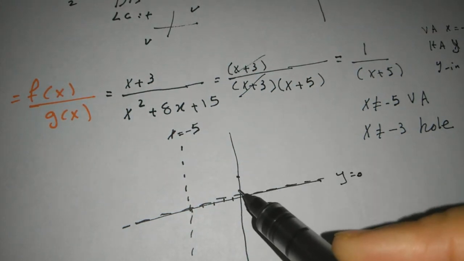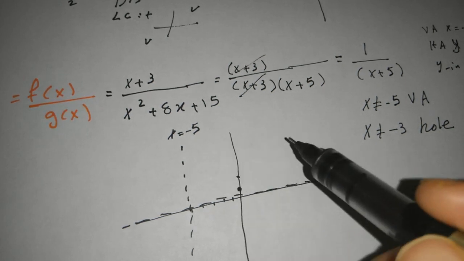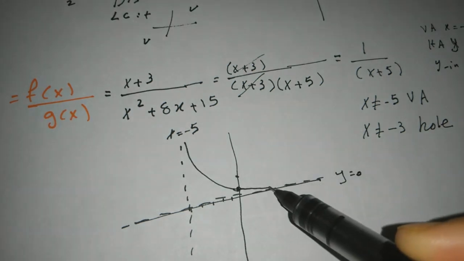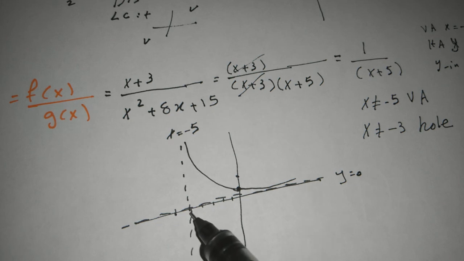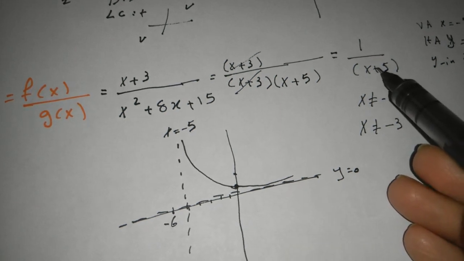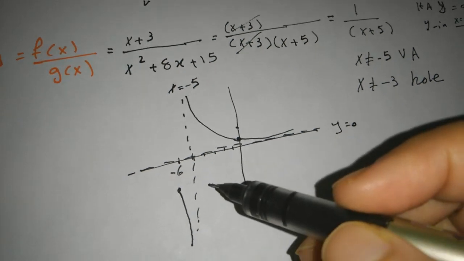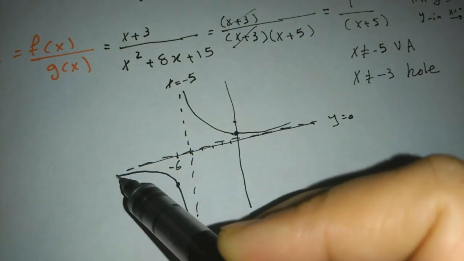Let's say this is 1, so 1/5 is going to be there. So I know my graph here is going toward the asymptote, this one going toward the asymptote, and this way going toward the asymptote. If I put a point like -6 into this one, I will get -1. So that would be a point again, and you go toward the asymptote.